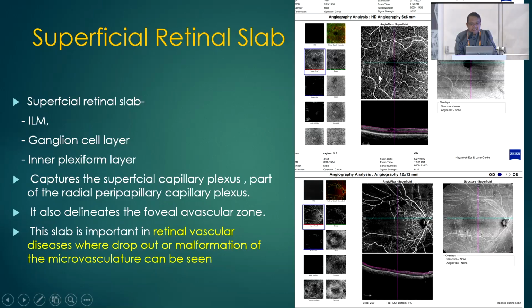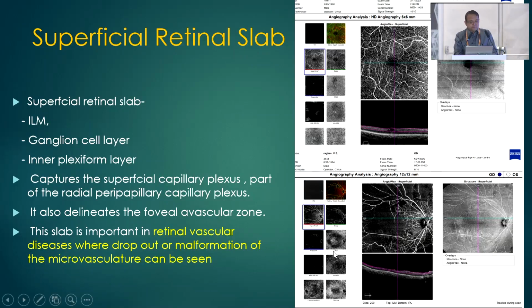In this layer, you see the superficial capillary plexus, and you can see the FAZ here. This is normal here. But many times in diabetic and branch vein occlusions, you can see an irregular FAZ that can explain why the vision is less in many of the patients. Although you might not have obvious edema, you will have this kind of capillary dropout explaining why the vision is less.